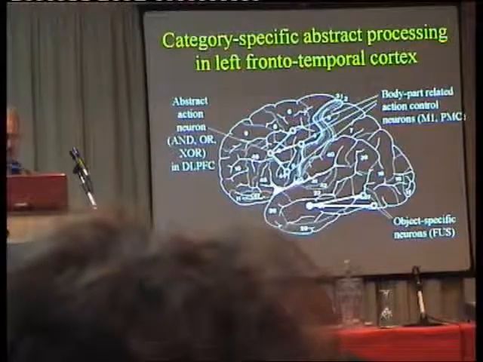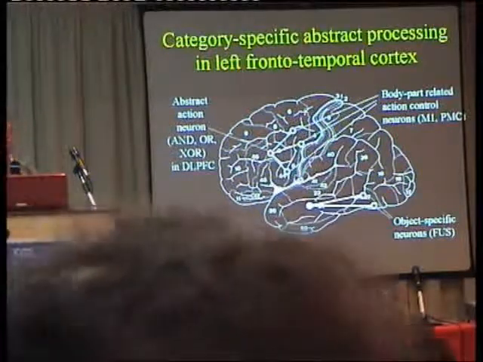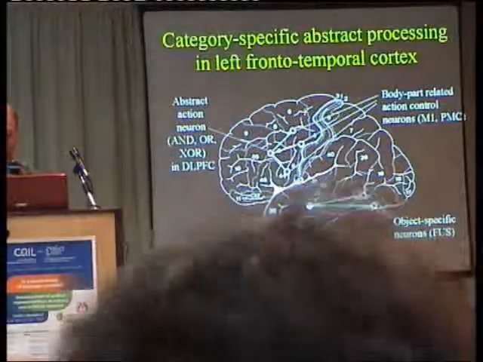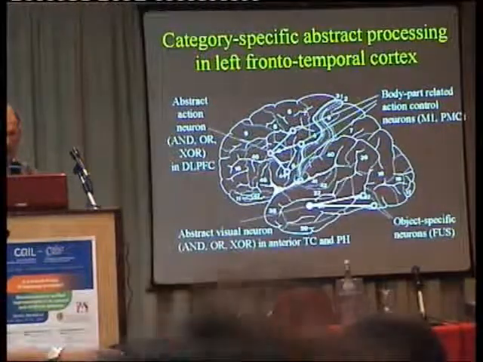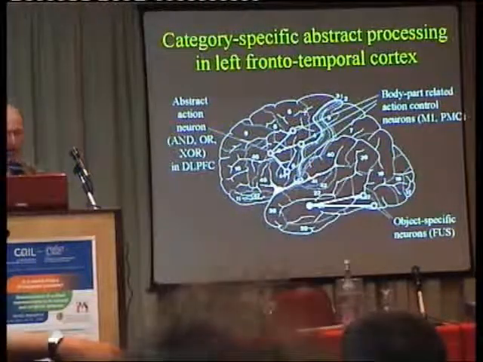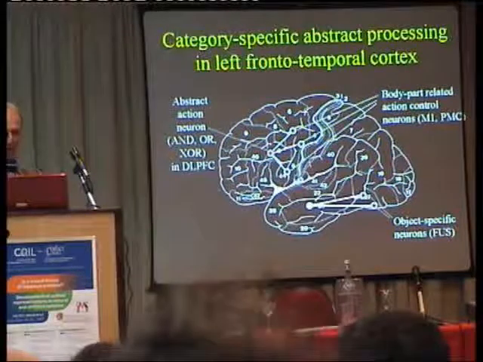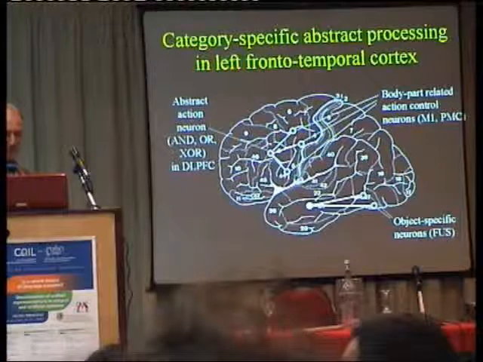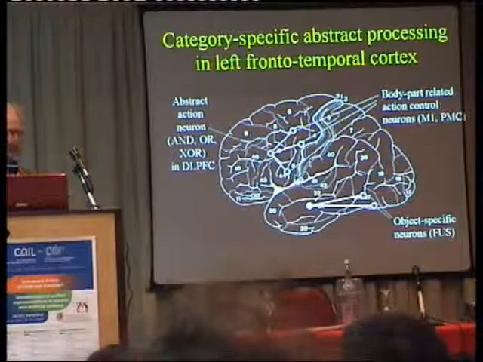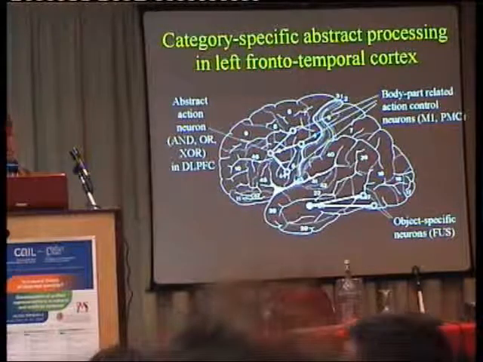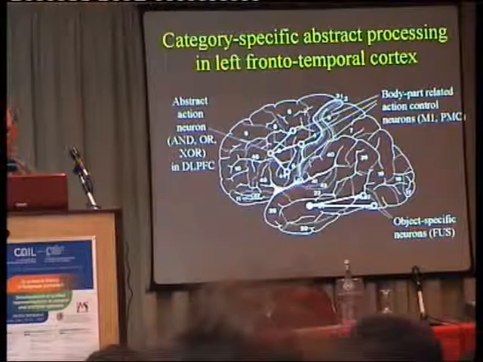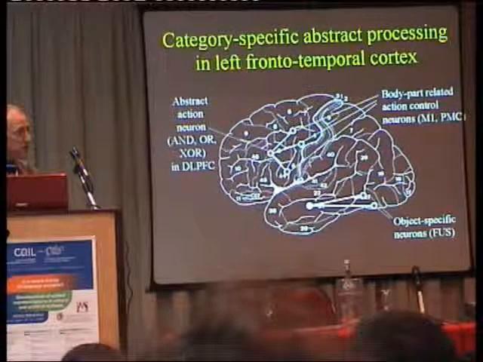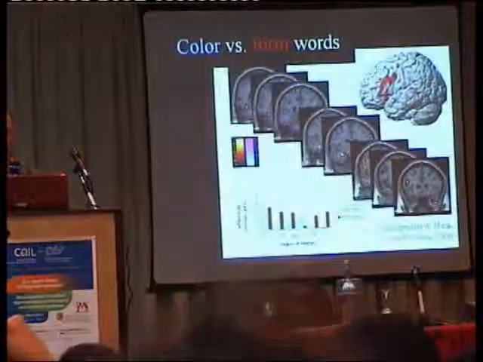There could be neurons that calculate either-or conjunction functions over different representations. So we would arrive at a model of category-specific abstract processing of concepts and word meaning in left frontal and/or temporal cortex, which makes a prediction empirically also.